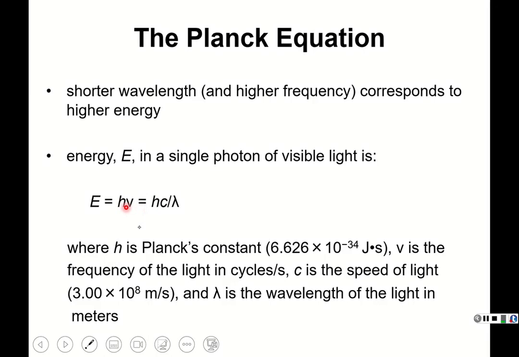Right, so the Planck equation is energy of the light is equal to Planck's constant, h, times the frequency. You can also write that in terms of wavelength. That would be Planck's constant times the speed of light divided by the wavelength. Right. And if you're curious, Planck's constant and the speed of light are both constants. On an exam, those would be given if you ever have to use this equation.